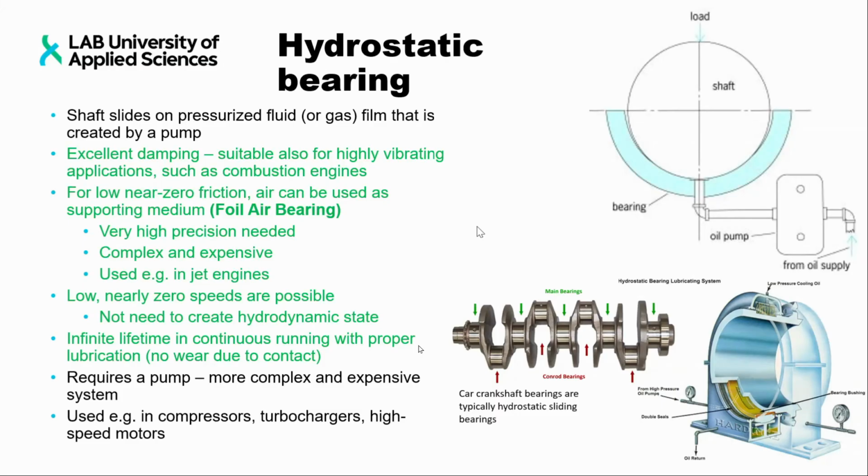So when they need to drive back and forth, the motor might be starting several times within a minute, and the direction might be changing. So in those applications, they use hydrostatic bearing to prevent the wear out.